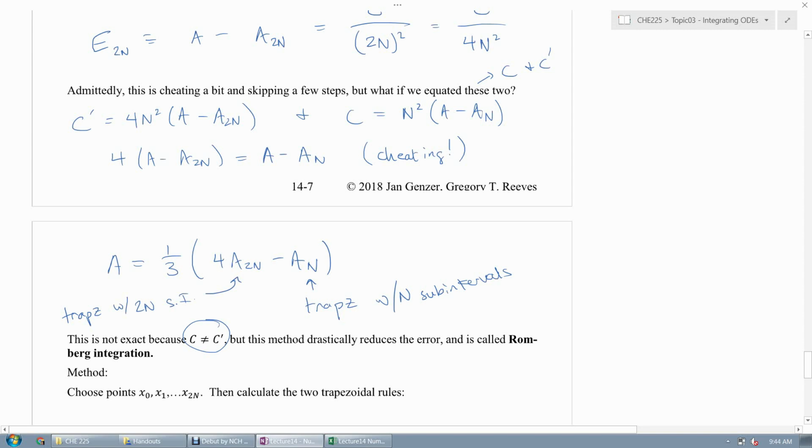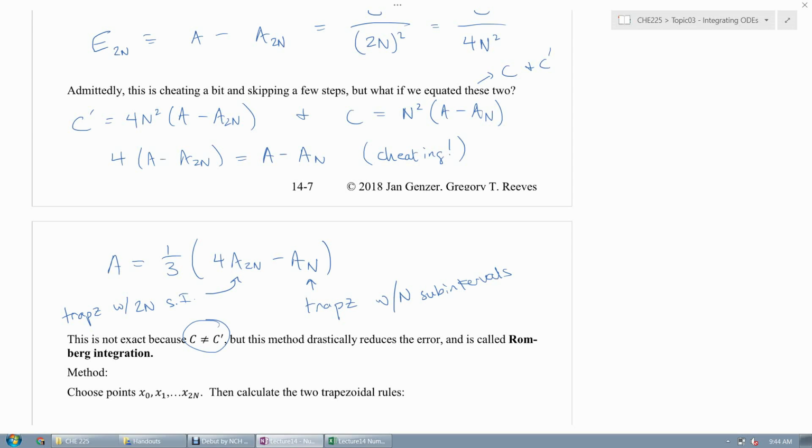So if we have 2n subintervals, and we use the trapezoidal rule to get some approximation of the area, and then we combine every other subinterval together to reduce the number of subintervals from 2n to n, we can do the trapezoidal rule again, and now we have two different trapezoidal rule estimations of the area.